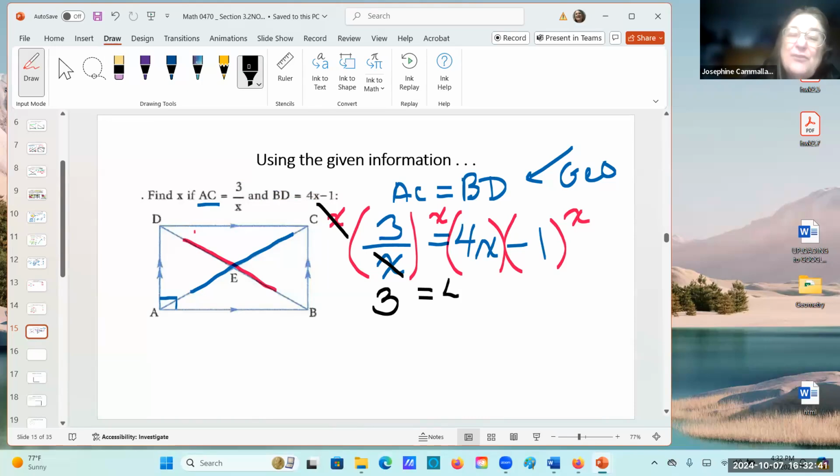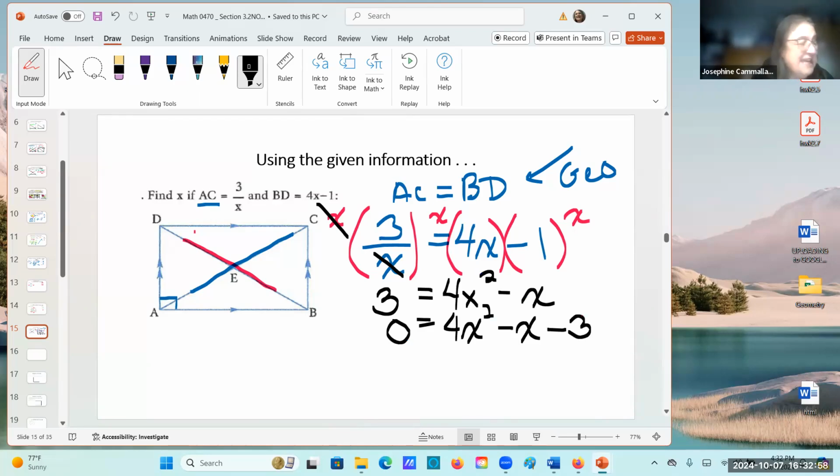This will give me 4X squared minus X minus 3. That is part of my wonderful problem. Now, because it's part of my wonderful problem, I've got to factor this.